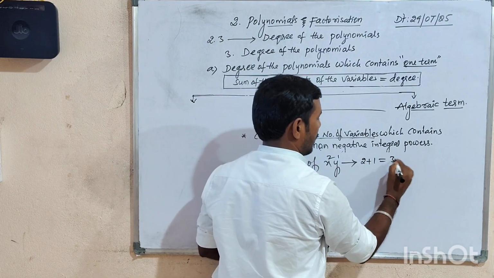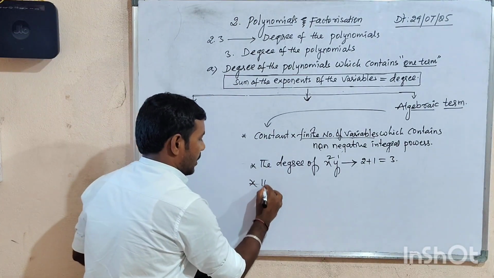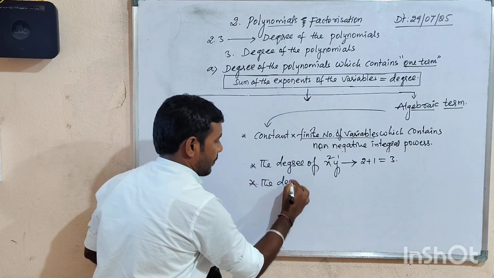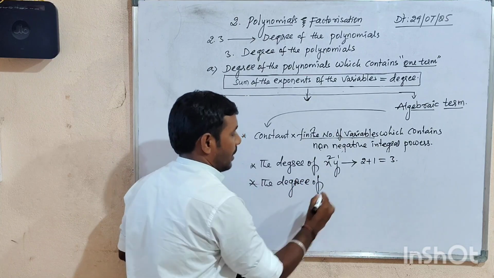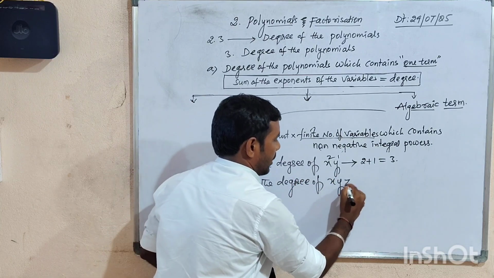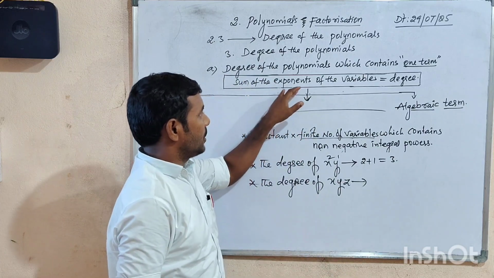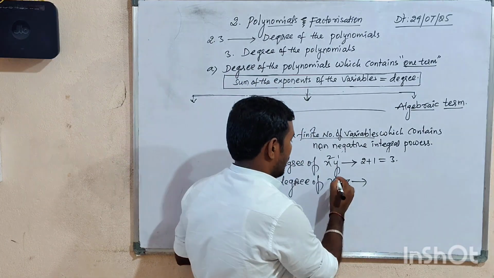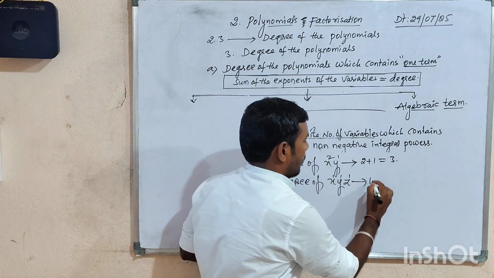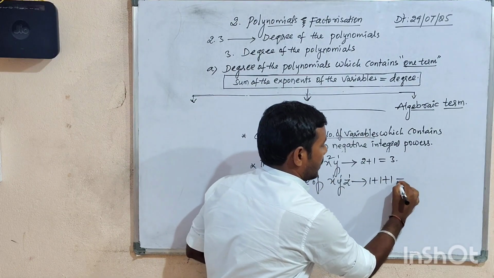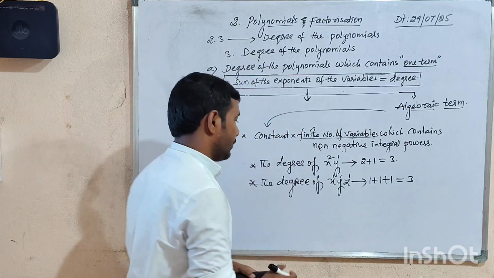What is the answer? 3. Its answer is 3. Next question. The degree of x, y, z. Same logic, same statement. Its exponent 1, its exponent 1, its exponent 1. 1 plus 1 plus 1, the answer is 3. This 3 is also called the degree of this one.